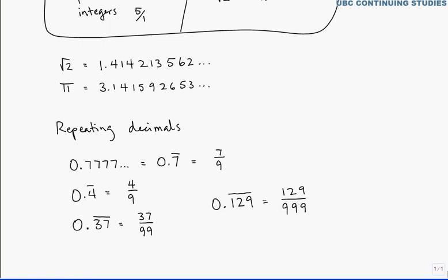And if it's a slightly more complicated variation of this, usually it just involves moving the decimal place to the left or right, which means multiplying by 10 or dividing by 10 a couple of times, and you can convert it into a fraction. So the rule is, if the decimal repeats or terminates, it's a rational number, it can be written as a fraction. If it's irrational, the decimal will never terminate, never end, and never repeat.